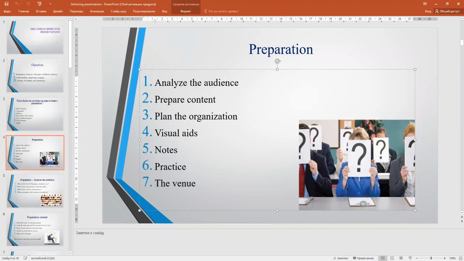You should know what your venue is like and what kind of technical support this venue can provide. And you should also figure out how you should behave during the presentation at this site. That is why introducing this venue beforehand is also important.